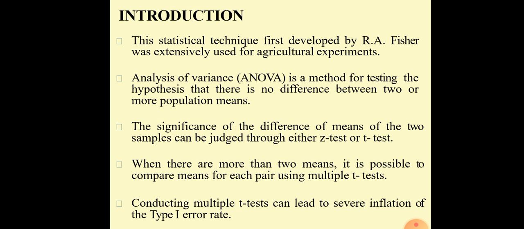The significance of the difference of means of the two samples can be judged through either z-test or t-test. When there are more than two means, it is possible to compare means for each pair using multiple t-tests. Conducting multiple t-tests can lead to inflation of the type 1 error rate.